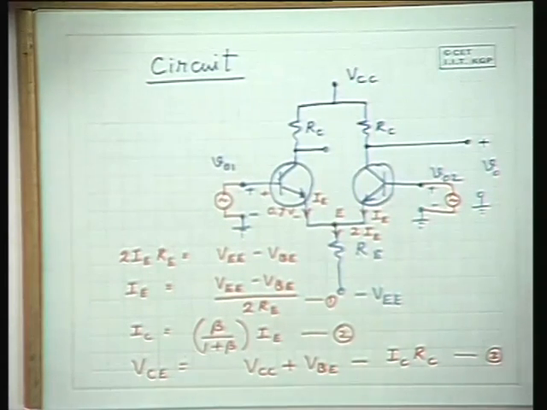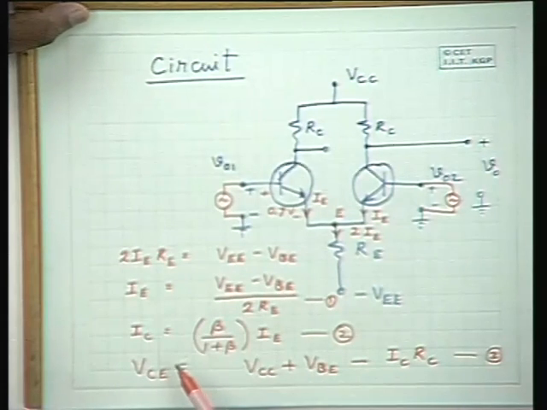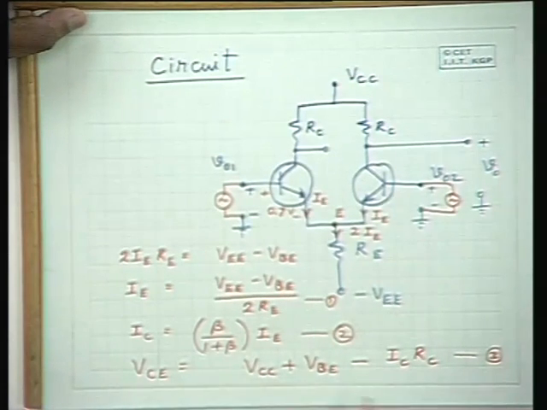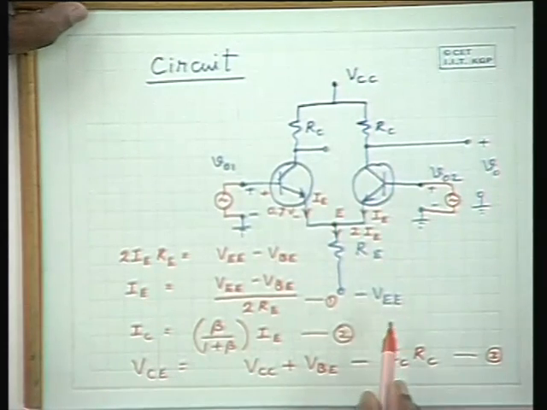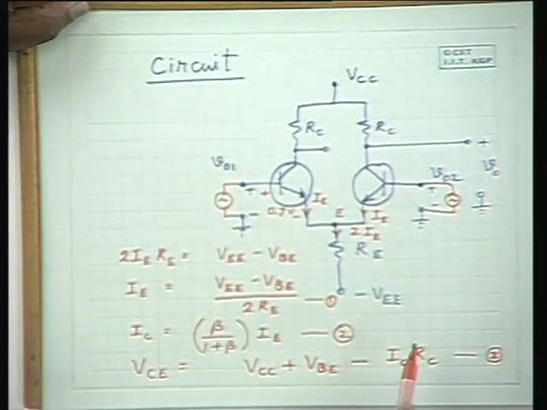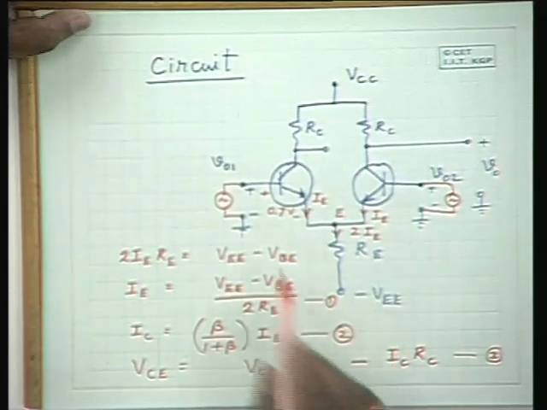From these 3 equations, we can determine the quiescent point. We can determine IC and VCE, given RC, RE, VCC and VEE. So, we can determine the quiescent point by analyzing the circuit.